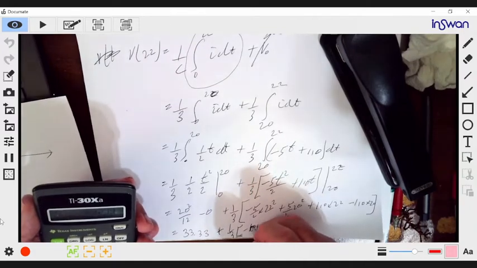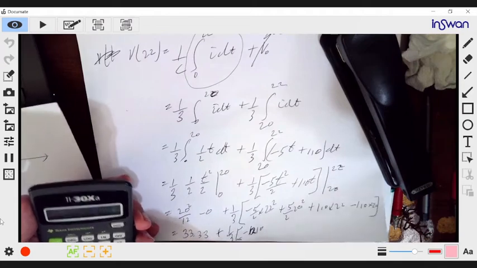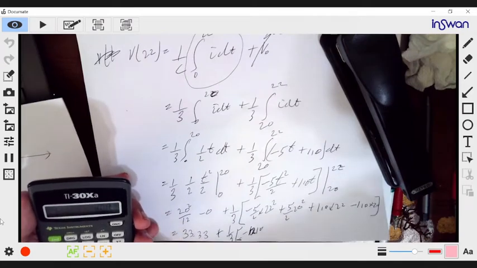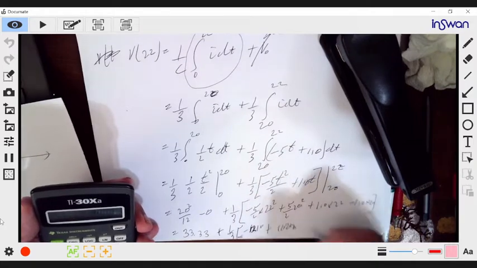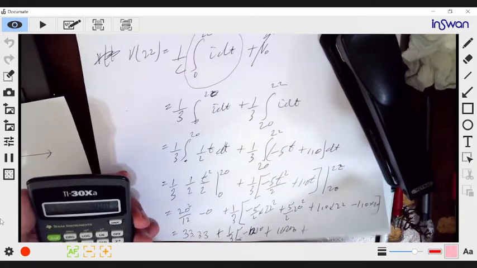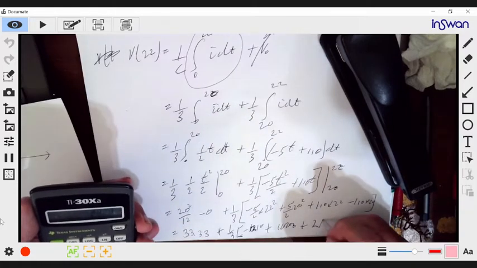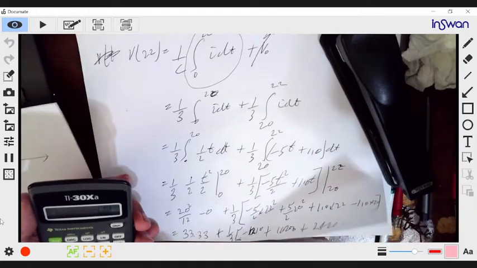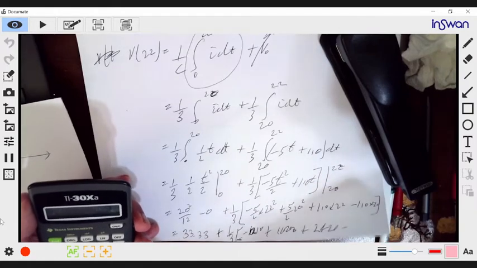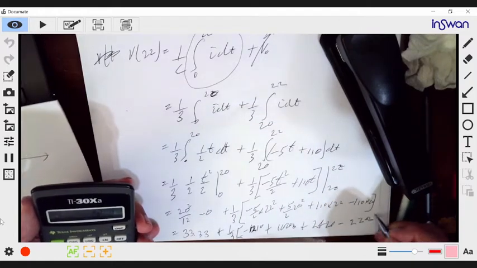Negative 1210, plus 1,000, plus 110 times 22, minus 110 times 20, 2200.